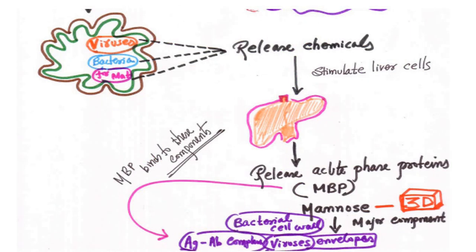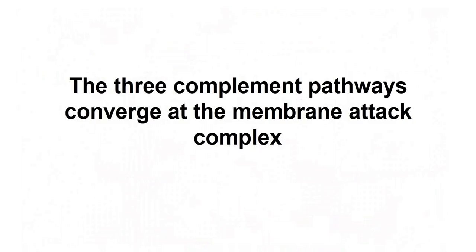So, all the three pathways, whether it is classical, whether it is alternative or lectin pathway, all three pathways, they will converge at the membrane attack complex. Okay. Here at this point, I would like to give example of Rajdhani Express. Why the train is called as Rajdhani Express?